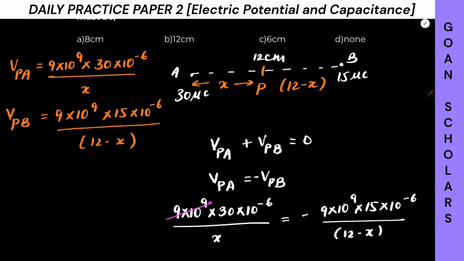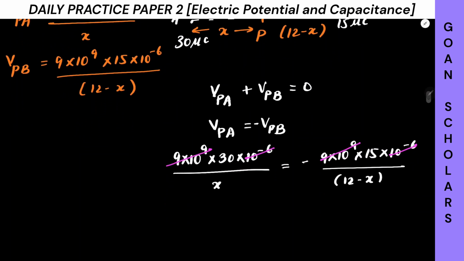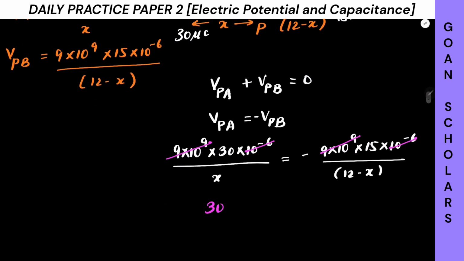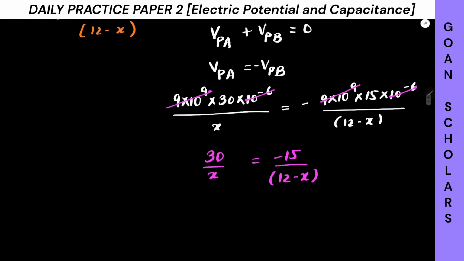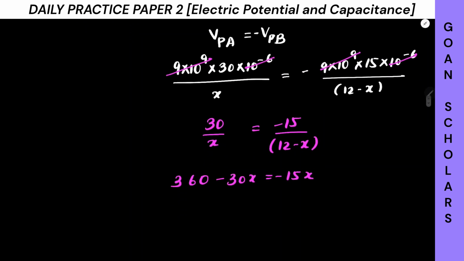Now let's cancel out here 9 into 10 to the power 9 with 9 into 10 to the power 9, and 10 to the power minus 6 with 10 to the power minus 6. What we are left with? 30 over x is equal to minus 15 upon 12 minus x. Correct? When you cross multiply, this will become 30 into 12, that is 360, and this will be minus 30x, and here it is minus 15x.